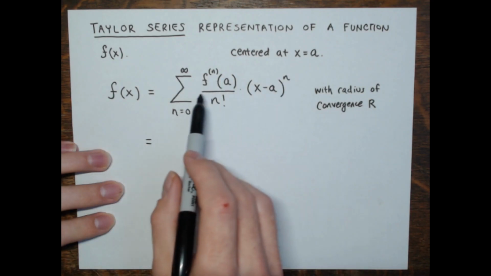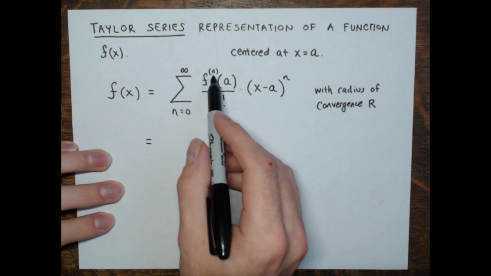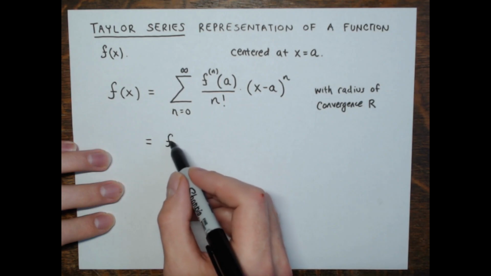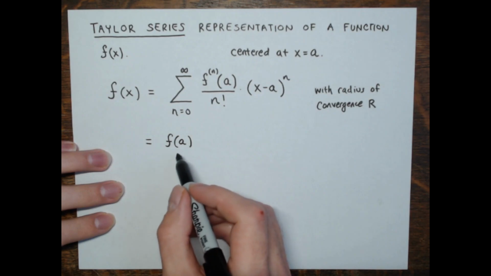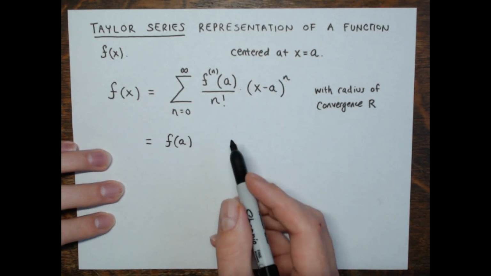But anyway, if I write out the first several terms of this, this would be the value of the 0th derivative at a. Now, the 0th derivative is just the function itself. So the value of f at a, divided by 0 factorial. Now, remember, 0 factorial is defined to be 1, times x minus a to the 0, which should be 1 as well.